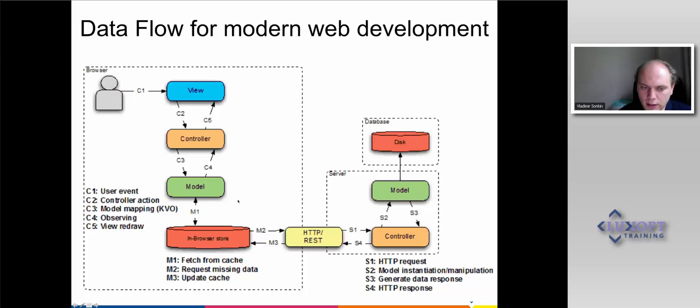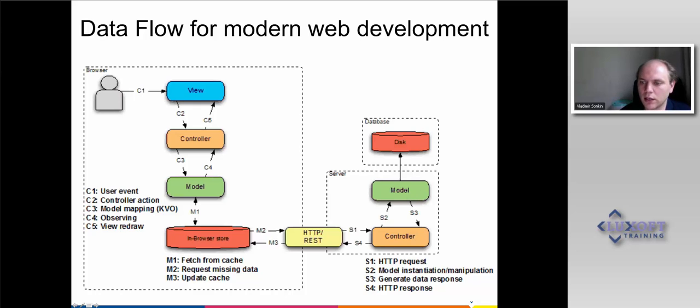And then the model on the client side is synchronized by using HTTP plus REST with the controller on the server side, and the controller is getting the data from the model and putting it to the model on the server side.